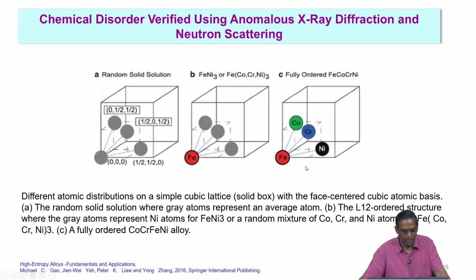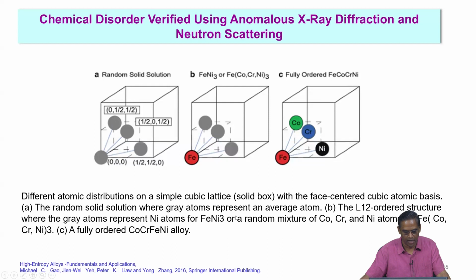So, you can have three types of solid solution, which you know already. You can have a random solid solution where all the atoms can occupy the normal lattice, or you can have an L12 ordered structure where the gray atoms represent nickel atoms for FeNi3, or a random mixture of chromium, cobalt and nickel atoms for iron.